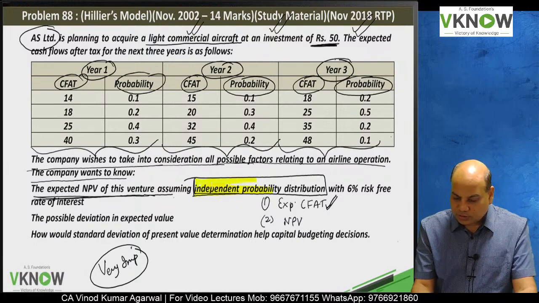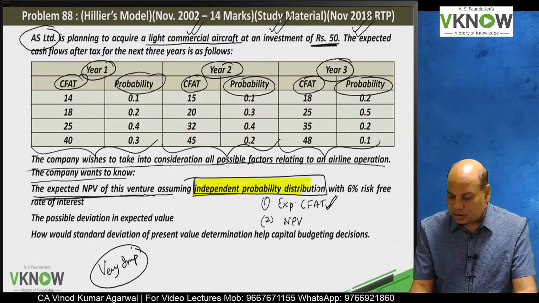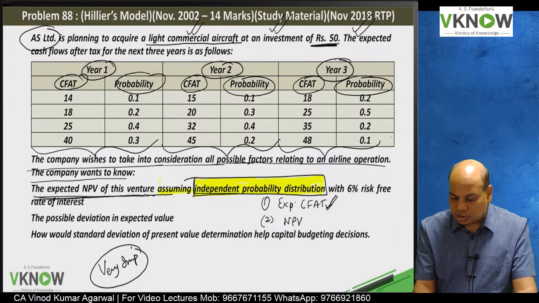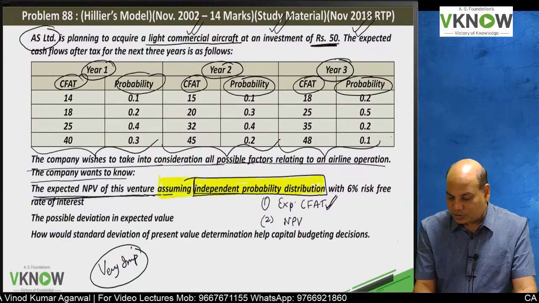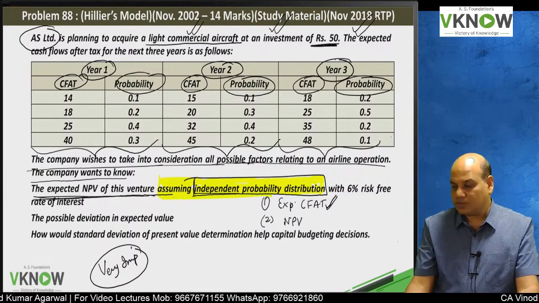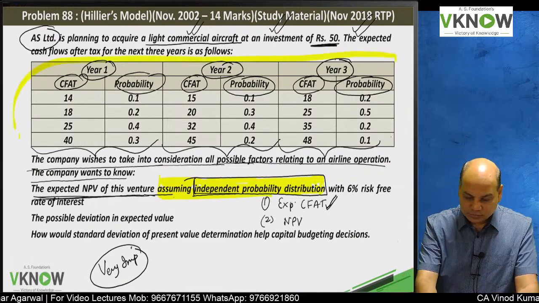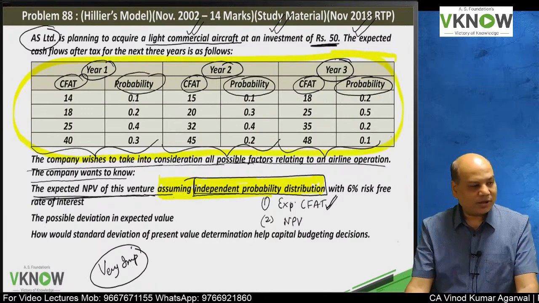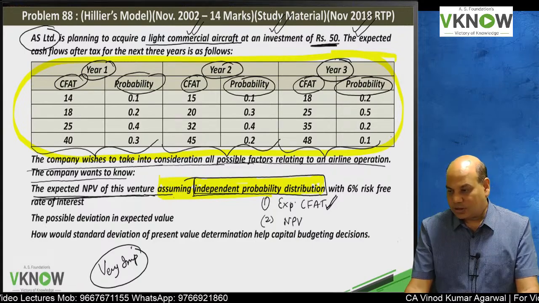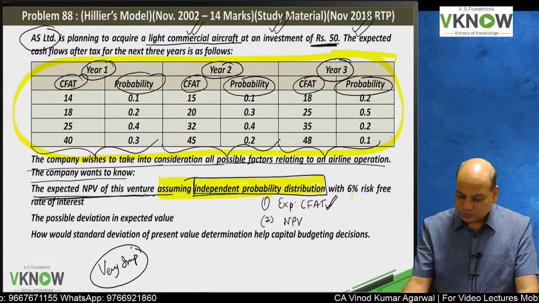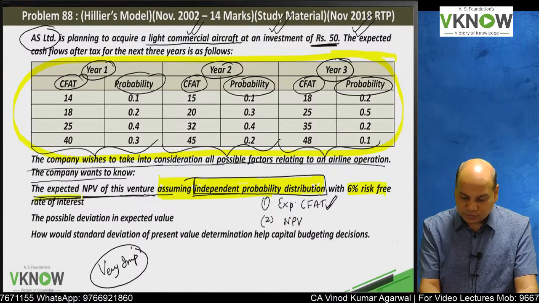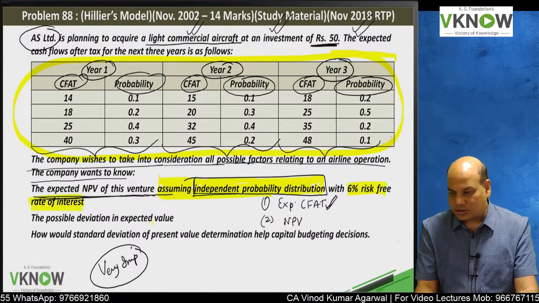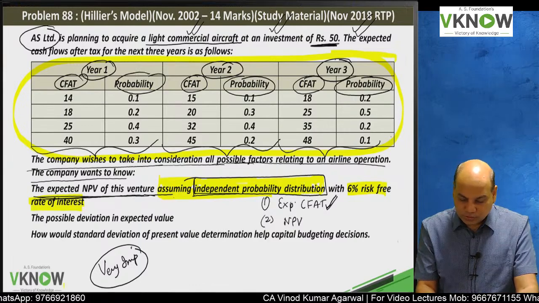Hillier model we are going to apply in this question, under the assumption of independent cash flow, to compute the standard deviation of the entire project with 6% risk-free rate of interest. So the discount rate is 6%.